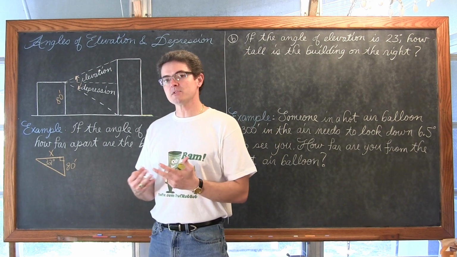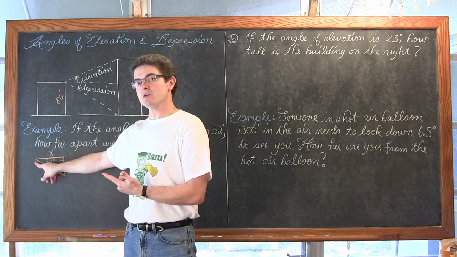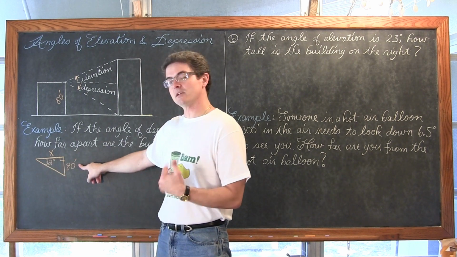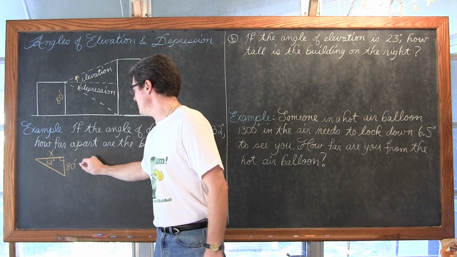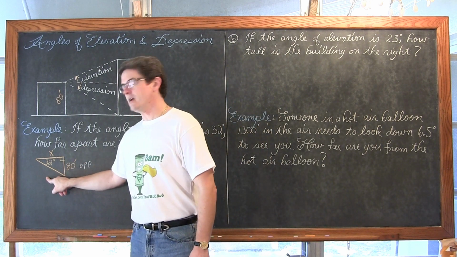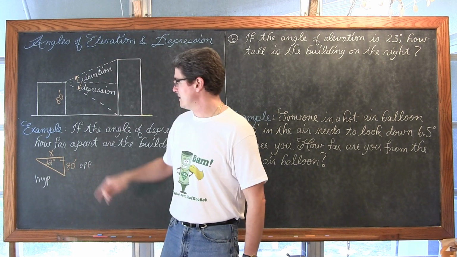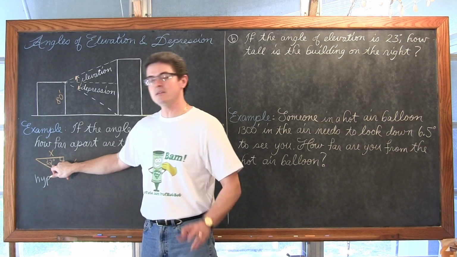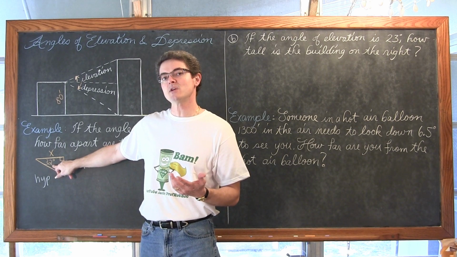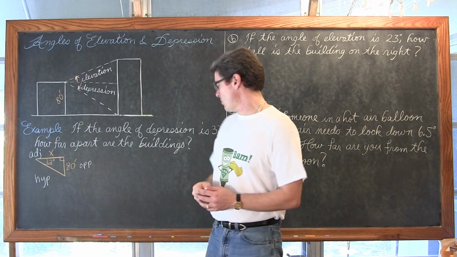And you want to name those sides of the triangle based on the angle we're going to use. So I want to use this angle that's marked off as 32 degrees. So this length that I've marked off as 80 feet is the opposite side. The side opposite 90 degrees is the hypotenuse, and the leg that is helping to make the angle that you're going to use in your problem is the adjacent leg. It's extremely important.